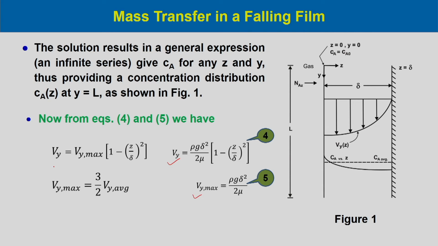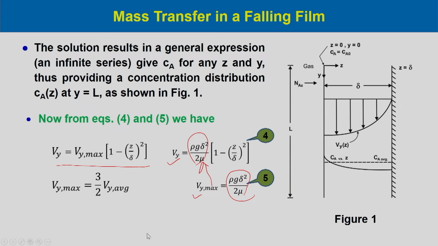Now, if we compare, we can write V y is equal to V y max into 1 minus z by delta whole square. That means we can substitute this over here, and we will obtain this relation.